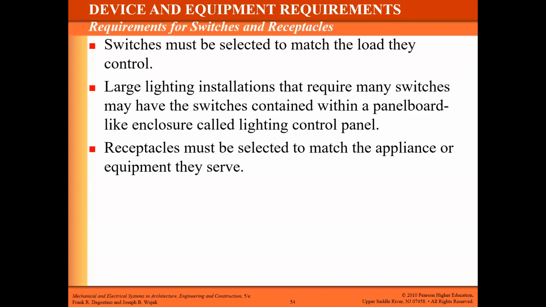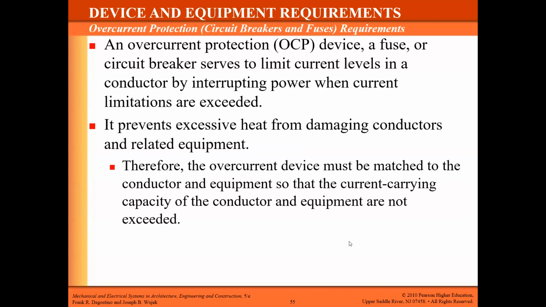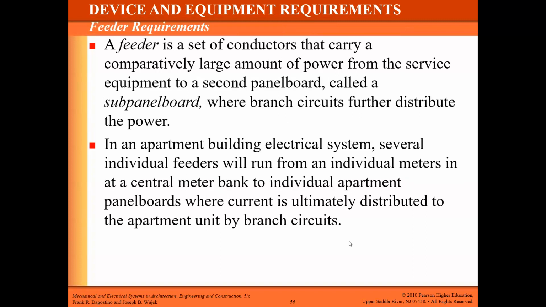And not surprisingly, the same thing is true for the switches that you put in that circuit as well. So everything connected to a 20 amp circuit must be rated for at least 20 amps. And then finally, the overcurrent protection itself must be rated for the expected load. So if we're expecting to draw 20 amps, that all starts at the circuit breaker, and then everything connected to it also needs to be rated for that.